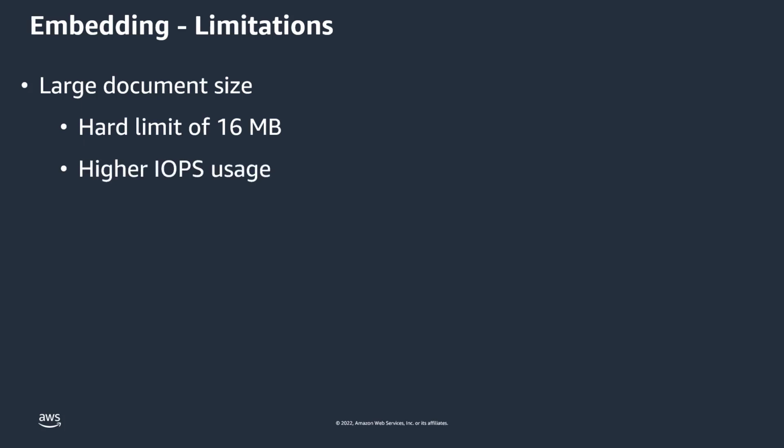Large document sizes also require additional processing and system resources such as I/O, which is also one of the pricing dimensions. With Amazon DocumentDB, write I/O operations are counted in 4 kilobyte units, while read I/O operations are counted in 8 kilobyte units. This is why it's ideal to limit document size to 8 kilobytes or less for optimal performance and cost.